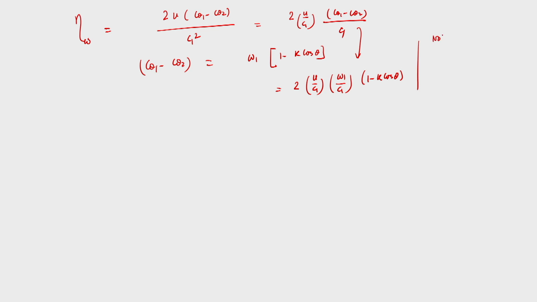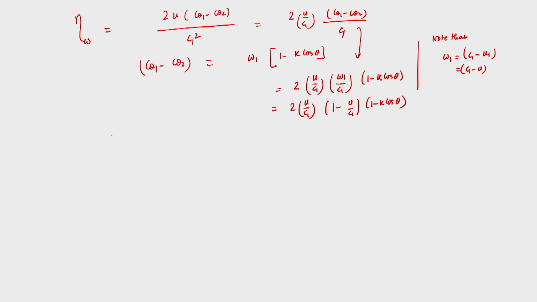Note that w1, from the inlet velocity triangle, is equal to c1 minus u. That is what we can obtain from the inlet velocity triangle. So that is twice u by c1 into (1 minus u by c1) into (1 minus k cos theta).